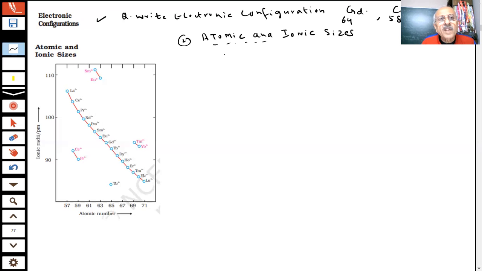What we see, you are going from lanthanum to cerium, praseodymium, and so started with 57, 58, and the last one 70, 71, lutetium. Yes, sir. This is our 4F series or lanthanoids.